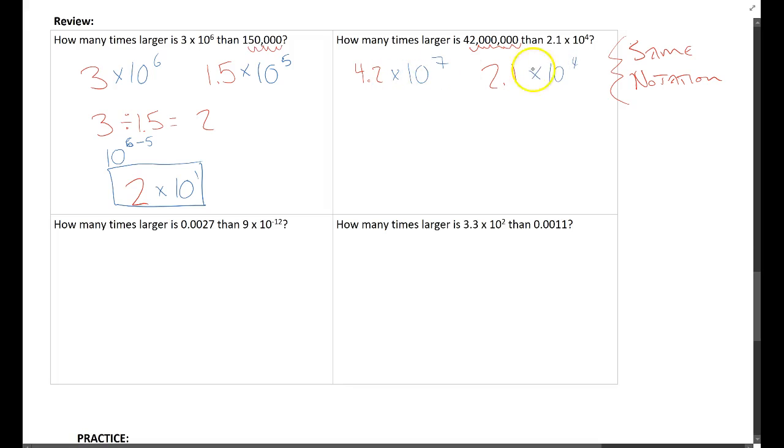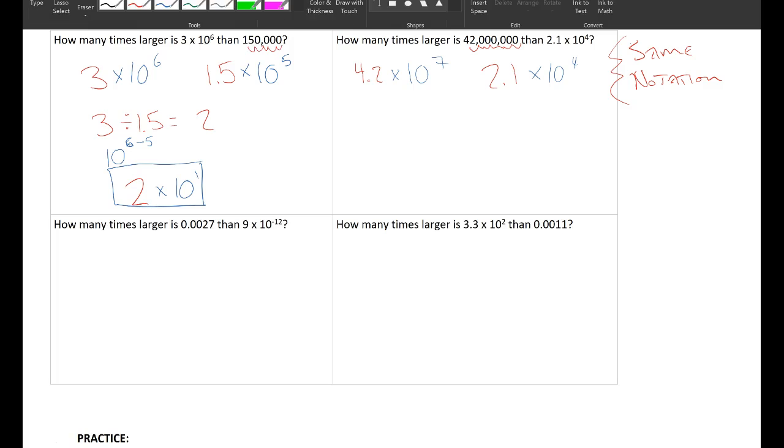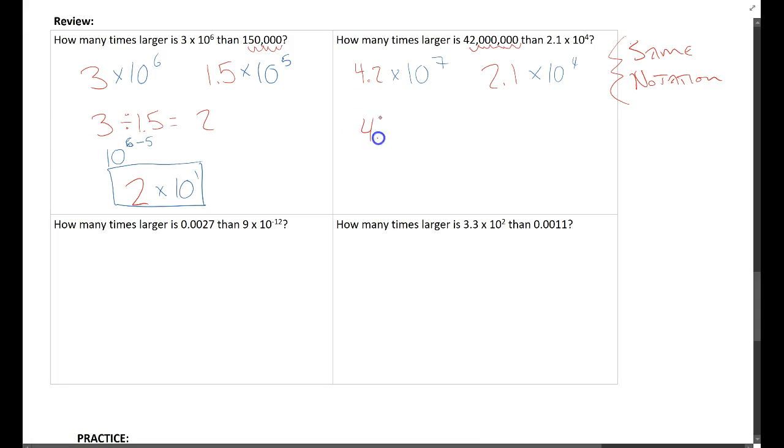And again, I need to keep my specific pieces together, so I do 4.2 divided by 2.1, and I find out that that is also 2. My answers are not particularly interesting.